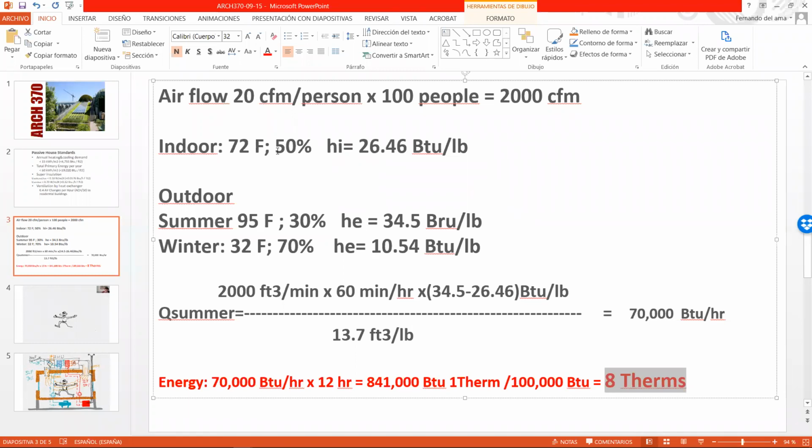The airflow, then the indoor conditions with the indoor enthalpy, the outdoor conditions, the summer and winter enthalpy, and then this formula here, because if there's something wrong, I can understand where the mistake is. If you just give me the final answer, I can know if it's right or wrong, but I don't know where the mistake is, or if there's an issue in the process, I can't find it. So get used to writing down everything, even the formulas, and especially units.